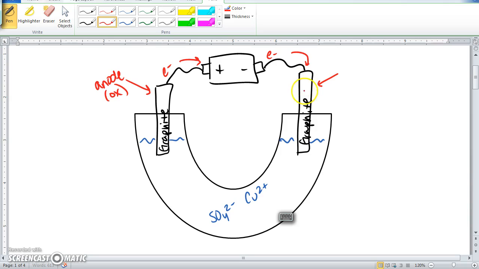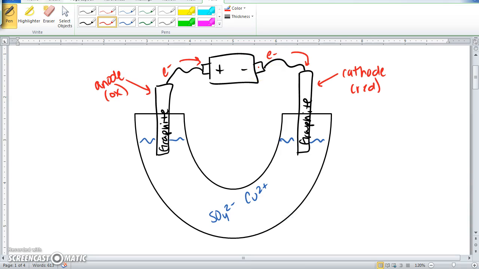Because electrons are coming into this electrode, that means we're having a gain of electrons over here, which means this is going to be the cathode, which is where our reduction is going to be occurring. So before we even think about our observations, we can define anode and cathode right away just based off of how it's hooked up to the battery.